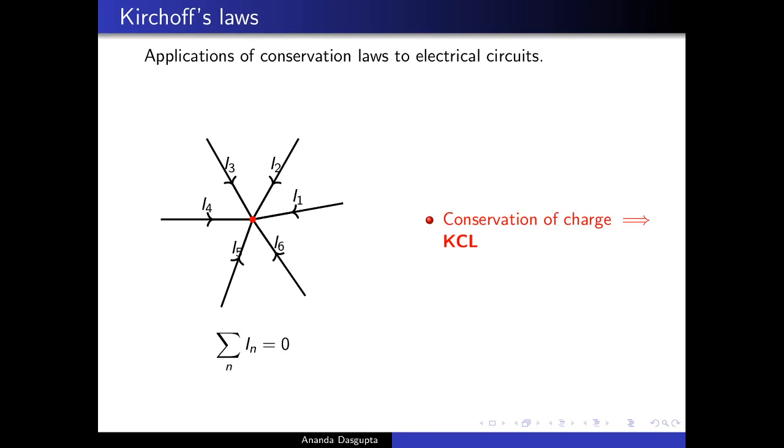Of course that means that some of them must be positive, some of them must be negative, unless of course all of them are 0, which means some currents are actually going in according to the convention and the negative currents are the ones which are really going out. So that's conservation of charge applied to a circuit, in fact to a particular node in a circuit.